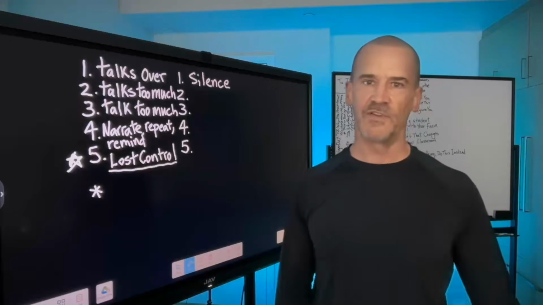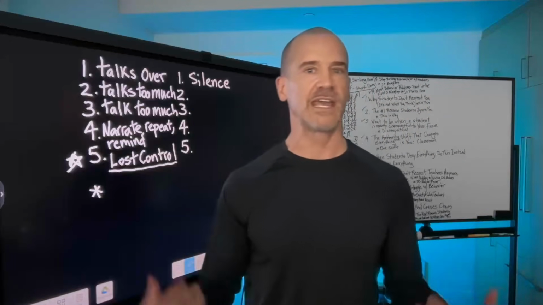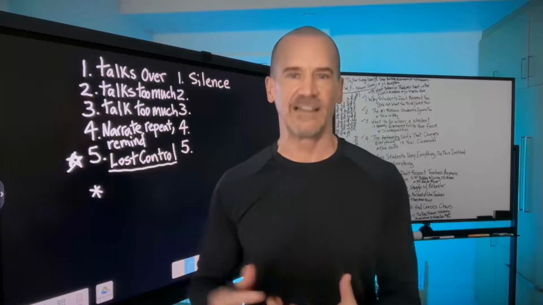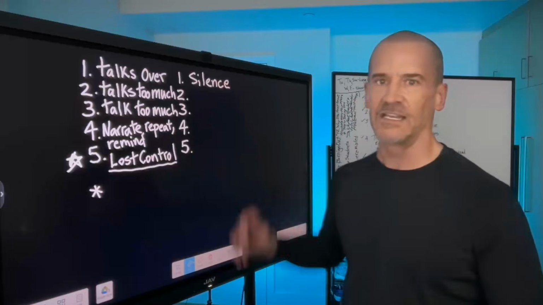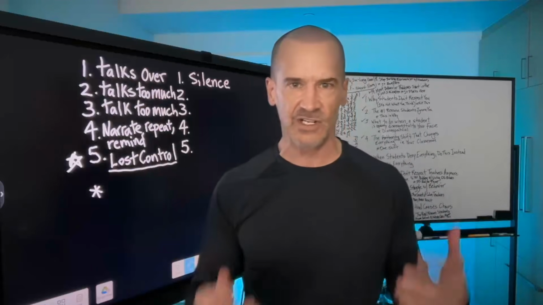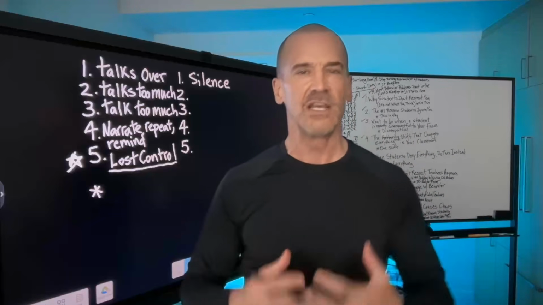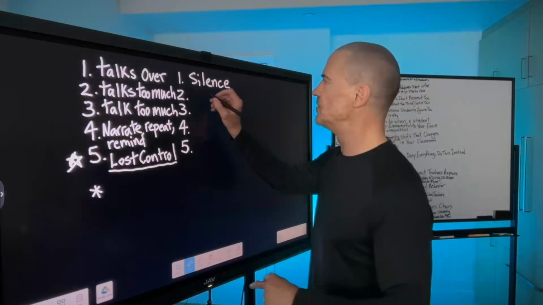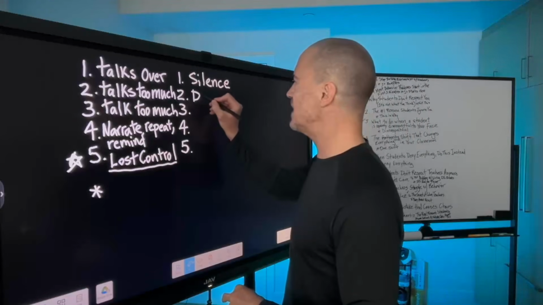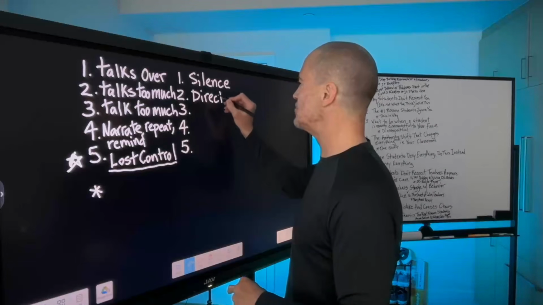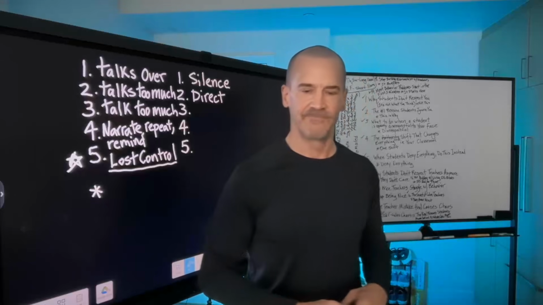So you have to wait for your students to be silent. They're looking at you because this is a habit they develop by doing these things. They'll begin looking at you, especially if you're not talking too much or talking over students, but you wait for silence.